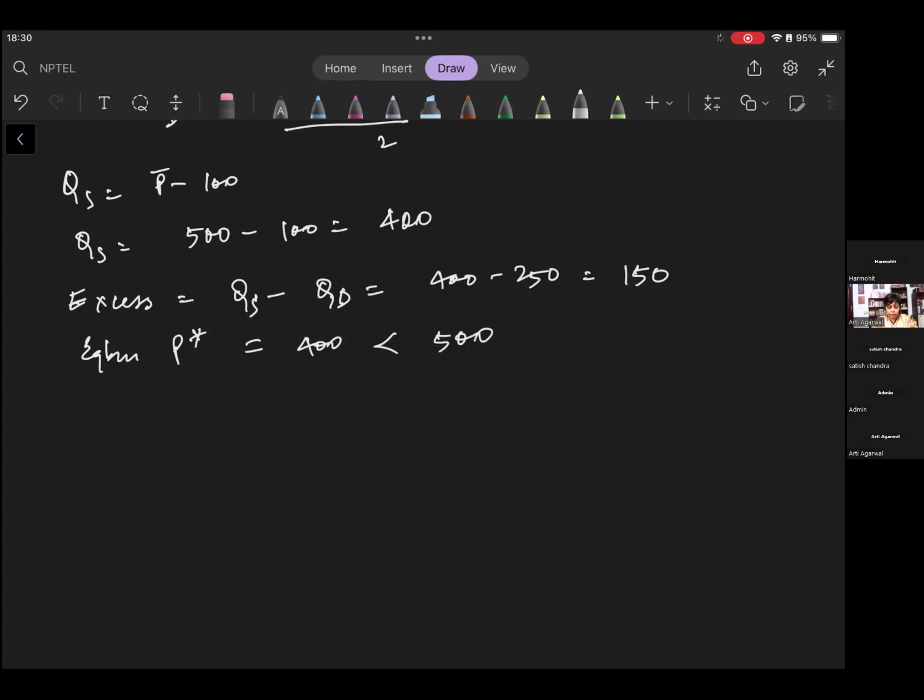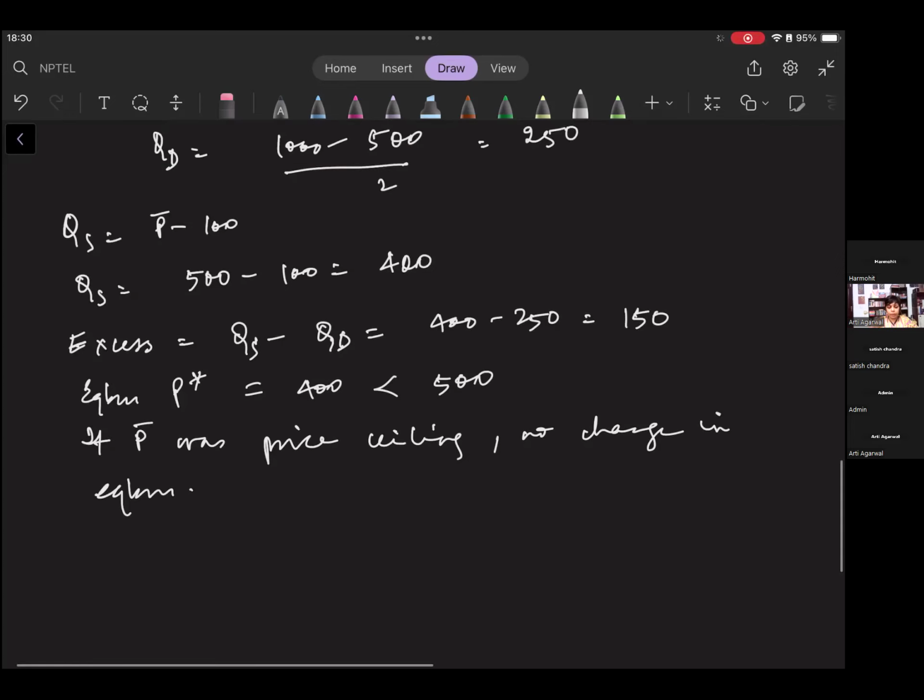So it is already less than the price ceiling. If P bar was the price ceiling, no change. The whole purpose of a price ceiling is that you cannot charge more than that value, but you can charge less. So if 500 is the ceiling and you're charging only 400, there is no change in your transaction and there won't be any excess or shortage.